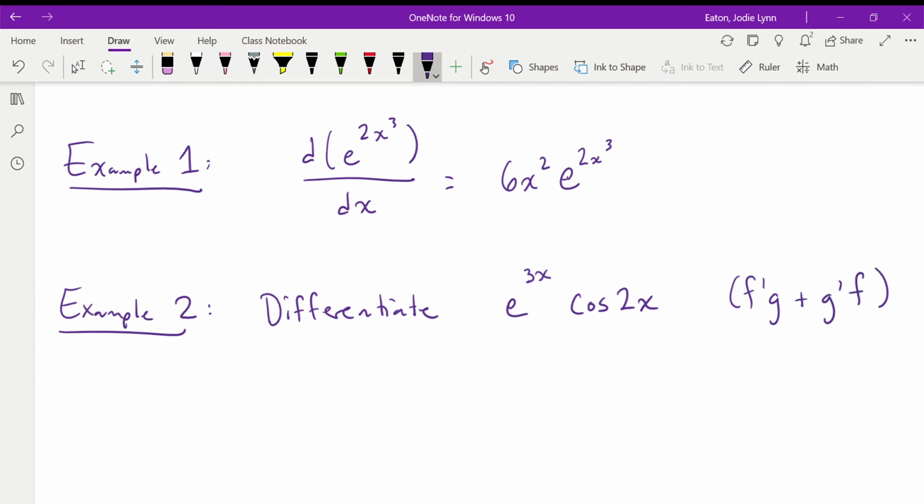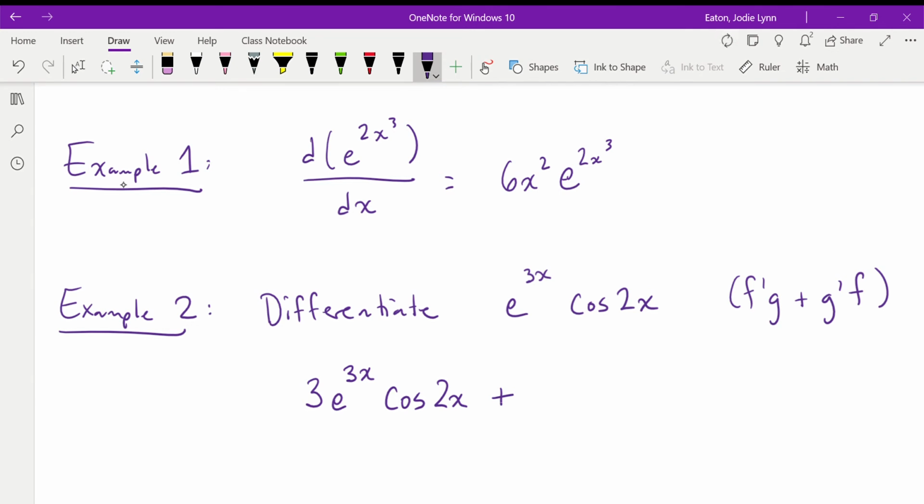And hopefully at this point you're getting comfortable enough with the product rule that you don't have to write this out. If you do need to write that out, that's still okay. You can still write out what's f prime, what's g prime. So we're going to do f prime, which is 3 times e to the 3x, times g, which is cos 2x, plus g prime.